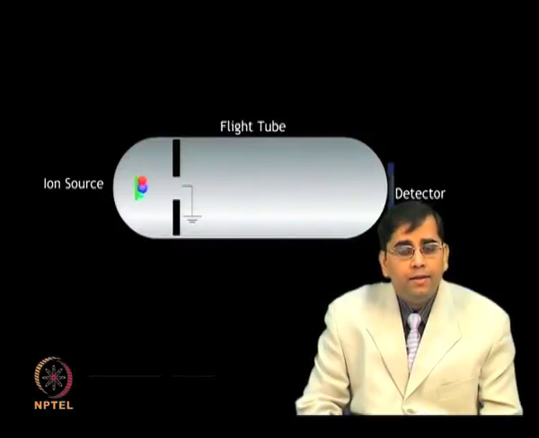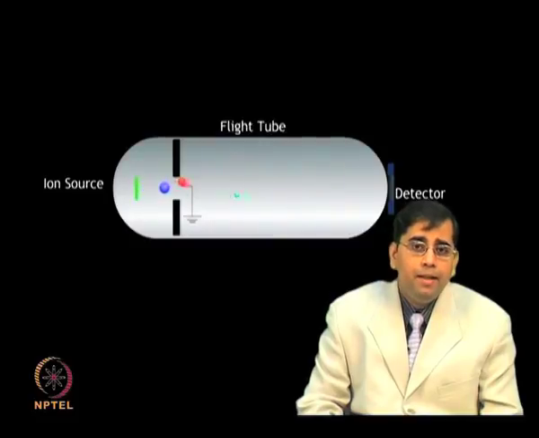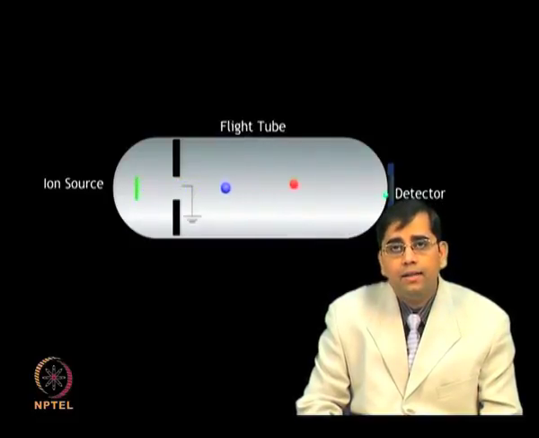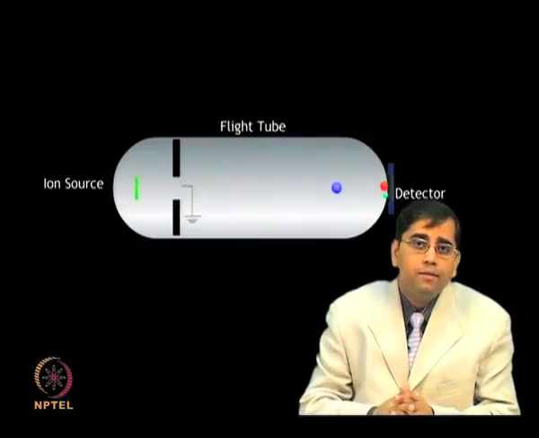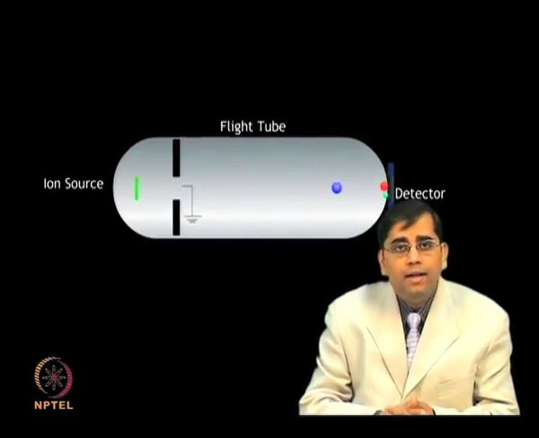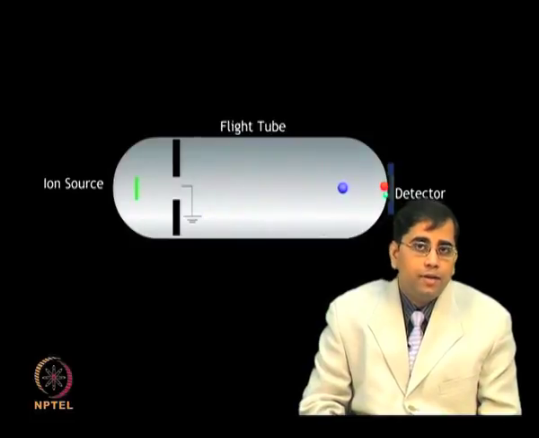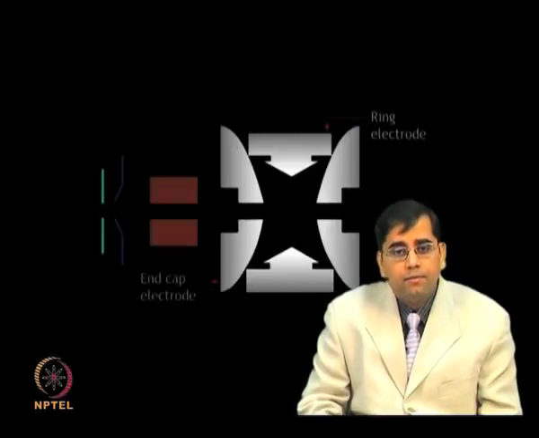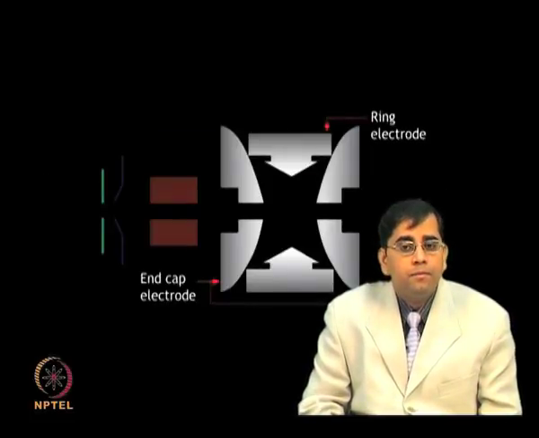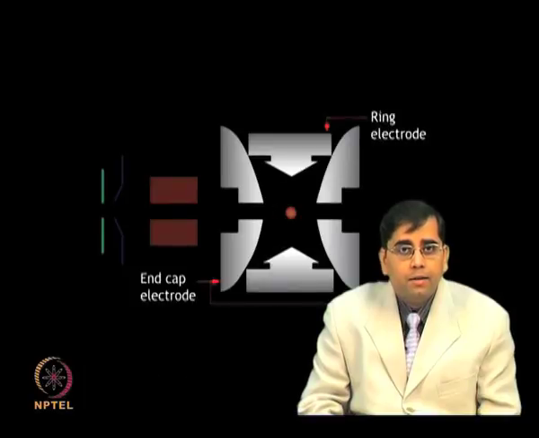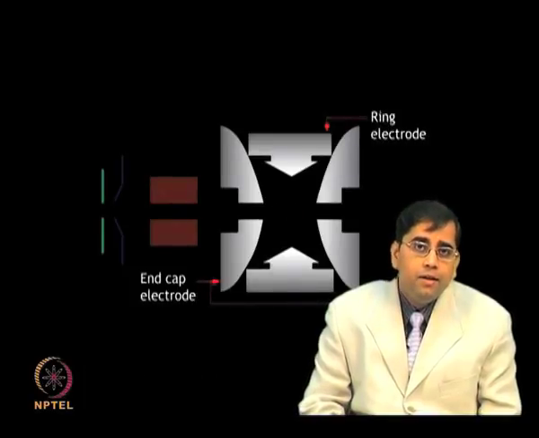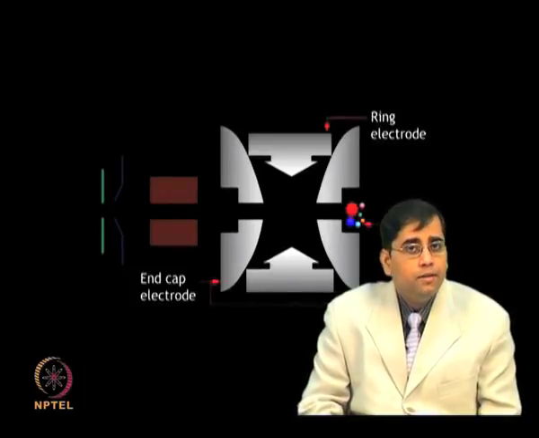The time of flight measures m/z ratio of ions based on the time it takes for ions to fly in the analyzer and strike the detector. The ion trap traps ions using electrical fields and measures mass by selectively ejecting them to the detector.